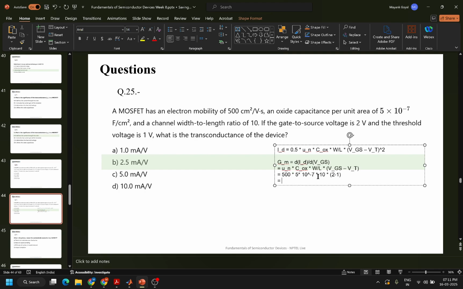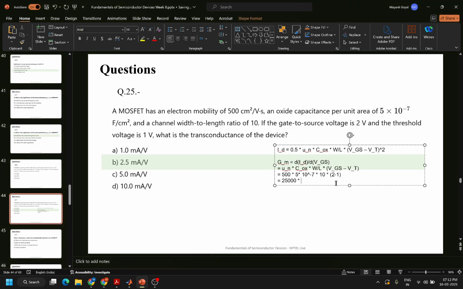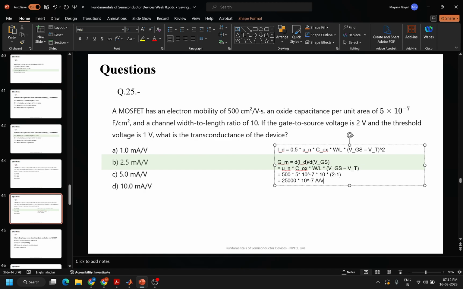So this would be 25,000 into 10 power minus 7 ampere per volt, or Siemens.